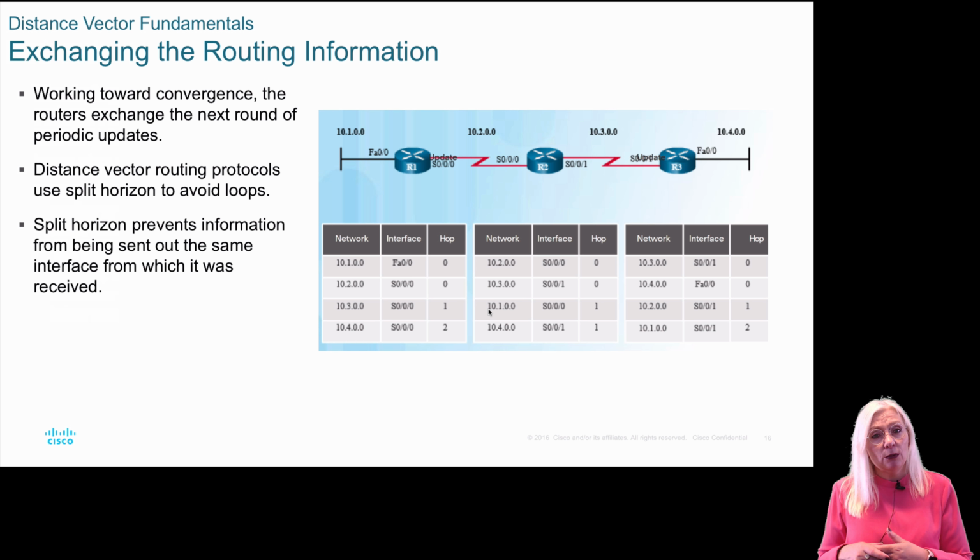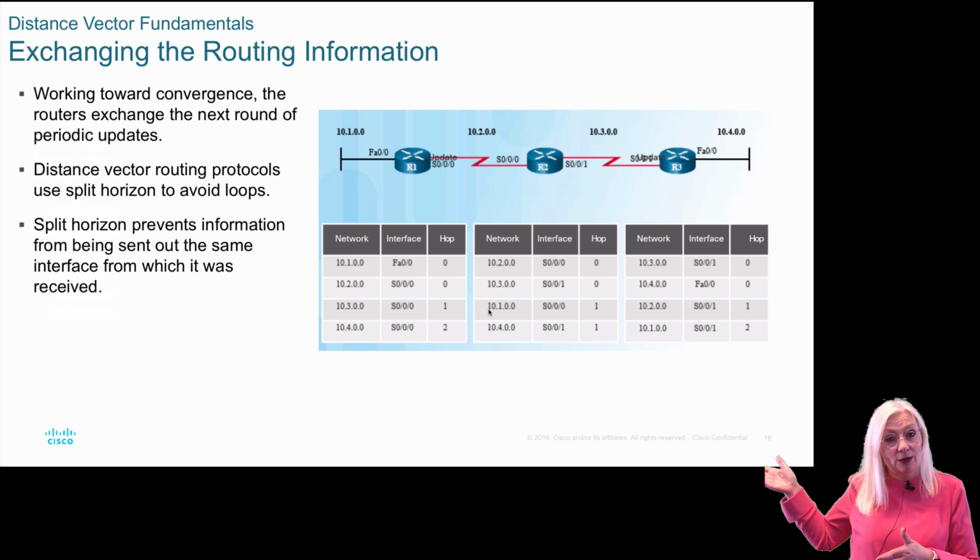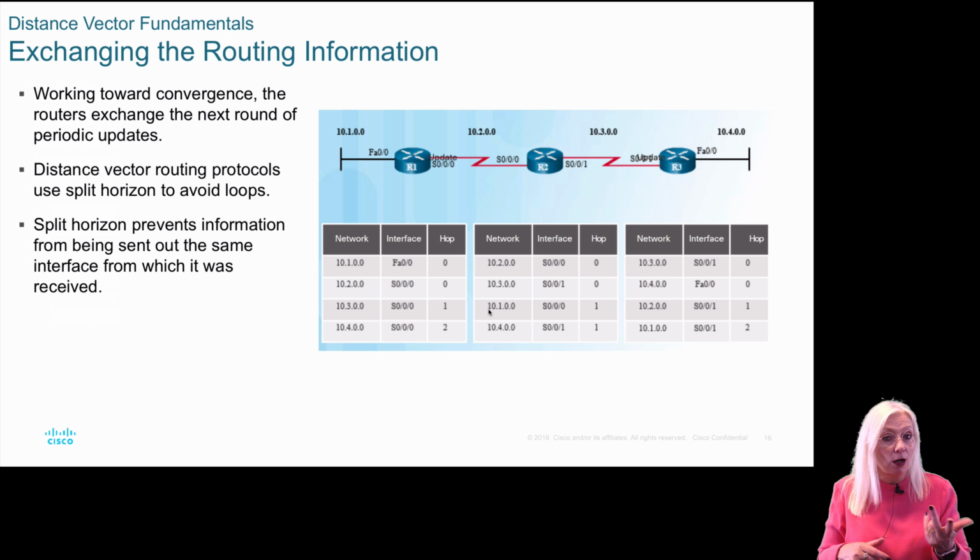Of course, we do not want the information about 10.4.0.0 to go back, so that router 1 sends the information back to router 2 saying, okay, I can reach 10.4.0.0 in 2 hops, and then R2 says, okay, then I can reach it in 3 hops. Because of that, something is implemented which is called split horizon.